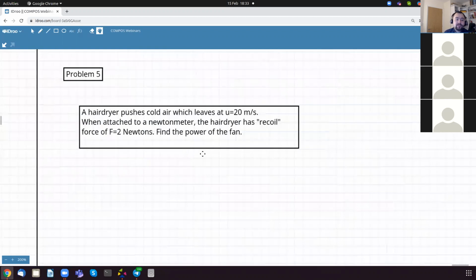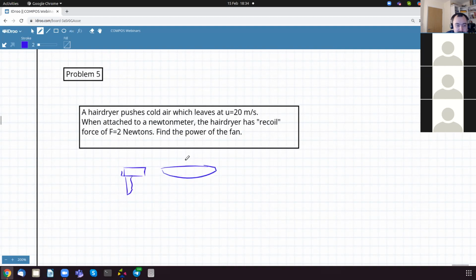Problem 5. A hairdryer pushes cold air, which leaves at 20 meters per second. So you have a hairdryer, which pushes cold air at 20 meters per second. So we attach it to a Newton meter.